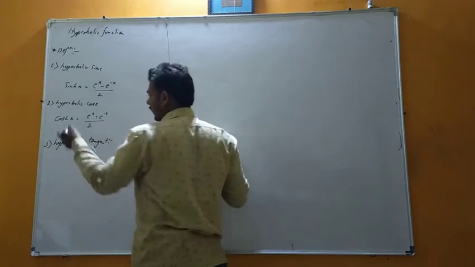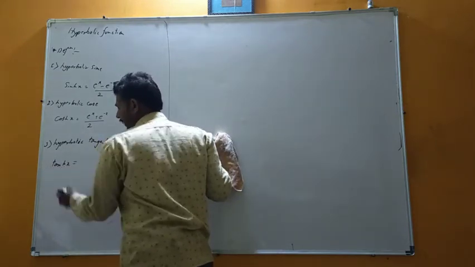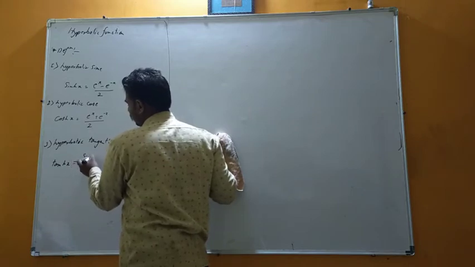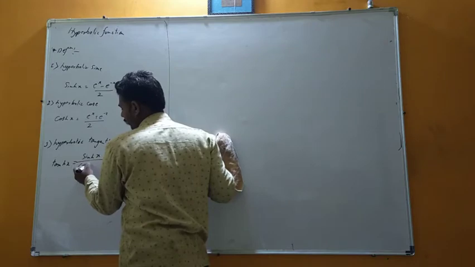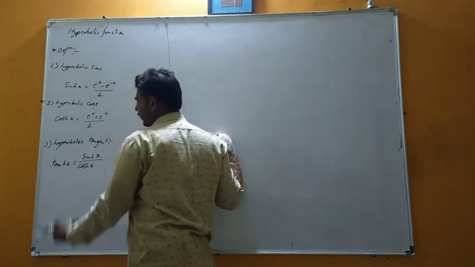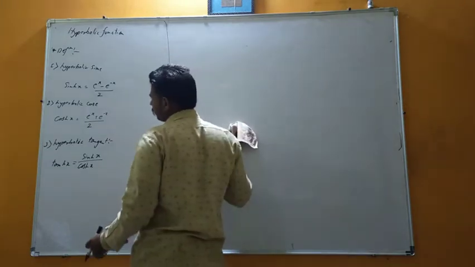We define tanh of x as nothing but the hyperbolic sine of x upon hyperbolic cos of x. This we can define.